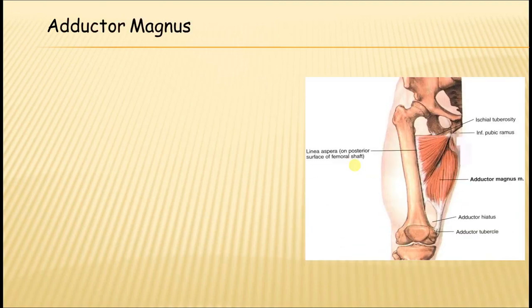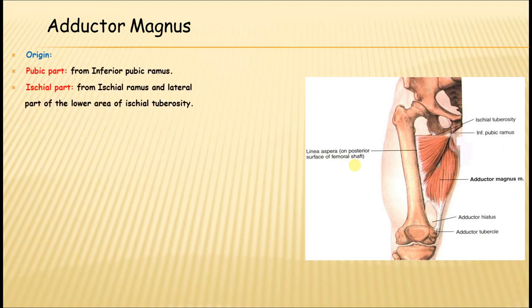The next muscle you see here is the adductor magnus muscle. The very large extensive muscle you are able to see here is the adductor magnus. It has two parts. The adductor part arises from the pubis, and the flexor part arises from the ischial tuberosity.